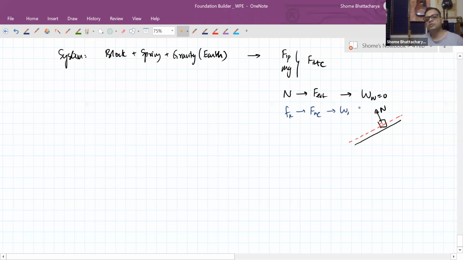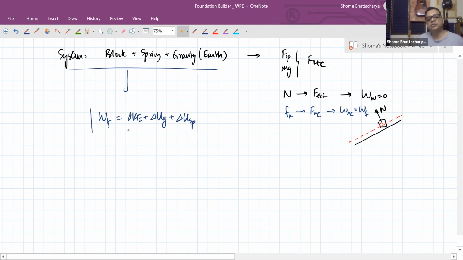So work done by non-conservative force will be work done by friction. So our statement of work energy theorem for this will be that work done by friction is equal to change in kinetic energy plus change in gravitational potential energy plus change in the spring's elastic potential energy. This is the statement of the work energy theorem we'll have to solve.